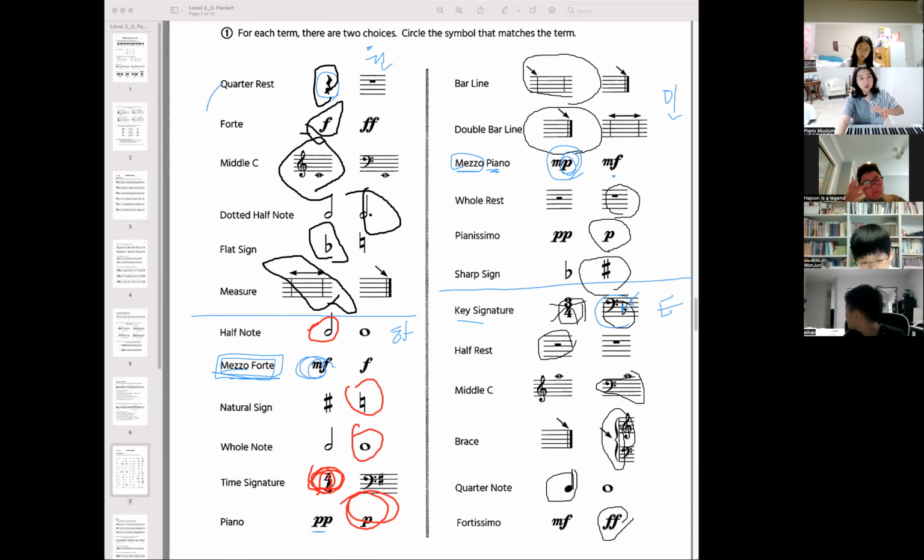One flat or one sharp or no flats and sharps. All these are key signatures. Sharp sign, pianissimo is this one. Pianissimo. This is a piano. This is a pianissimo. Okay. And this is a whole rest, mezzo piano, and double bar line and bar line.